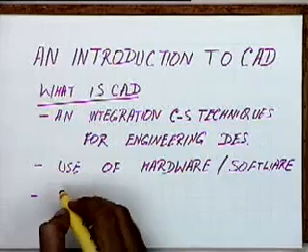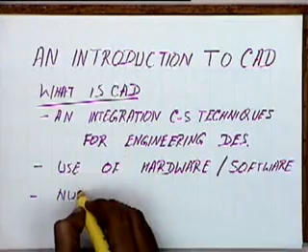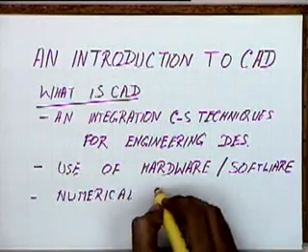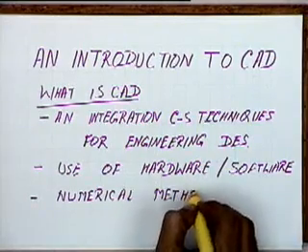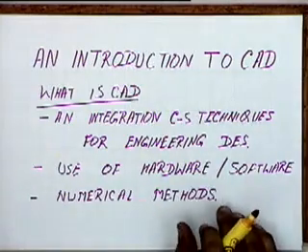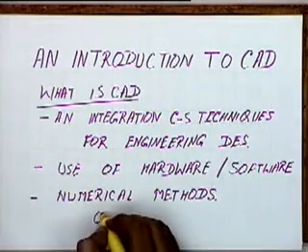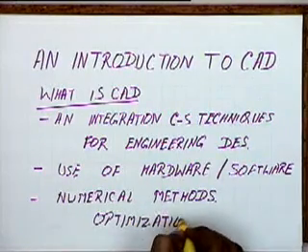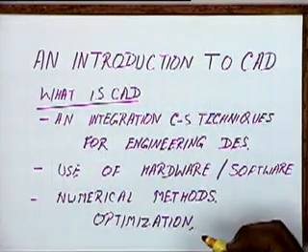Then we talk of different numerical techniques, numerical methods. When I talk of numerical methods, I include optimization. I even include the normal programming, or if we are talking of automation, we just program a particular activity.